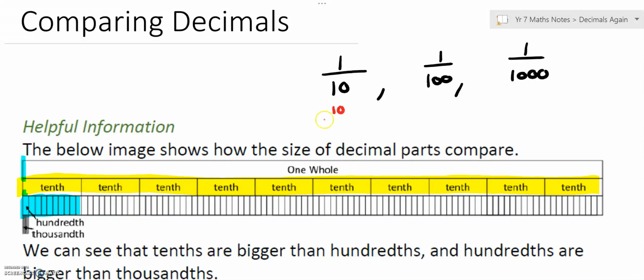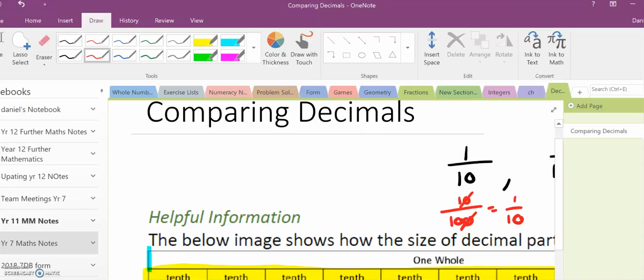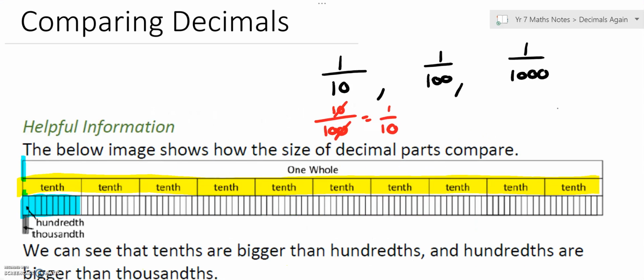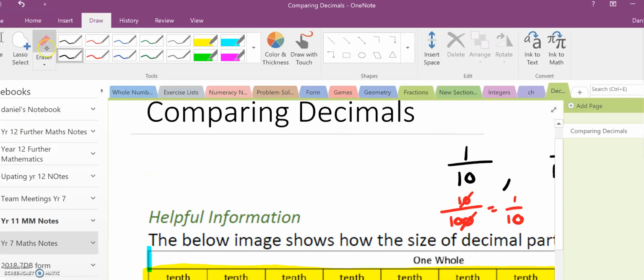All right, so 10 hundredths is the same as 1/10. And then if you divide tenths by 10, you get a really small thing. You have to cut that into 10 pieces. So you see that thousandths are really quite small. All right.